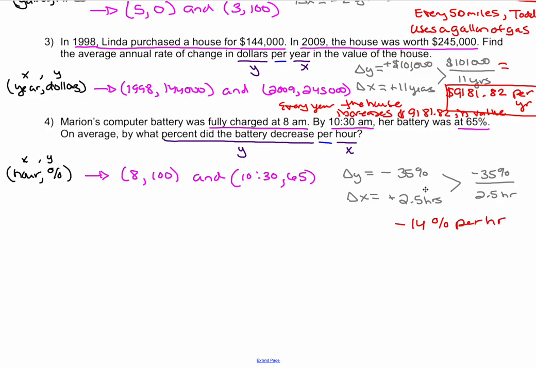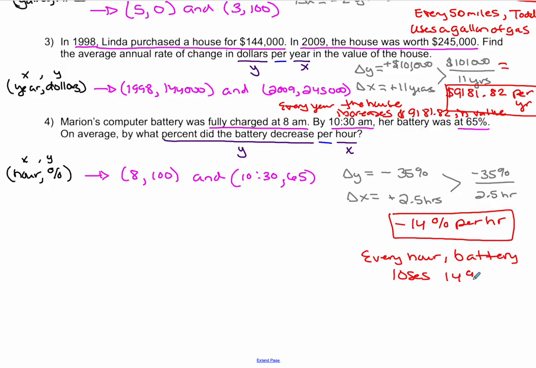Always use your units. This is our average of percent that the battery decreases every hour. So we could say that every hour, the battery loses, because that's what the negative is, 14%.